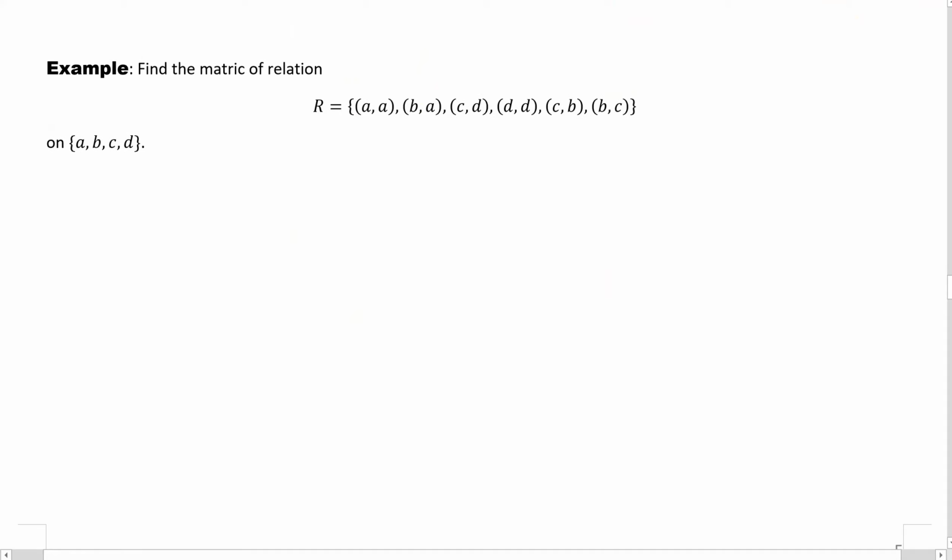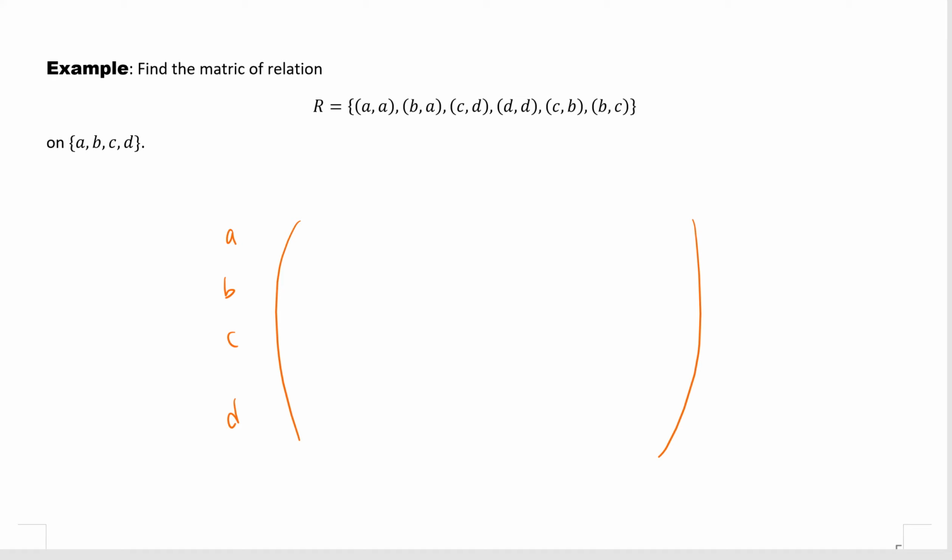In this case, if we have a relation on a set X, then we just put the elements a, b, c, d in the rows and columns. And then look at the relation. aa, so aa here. ba here. cd here.